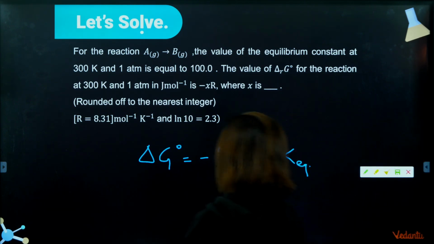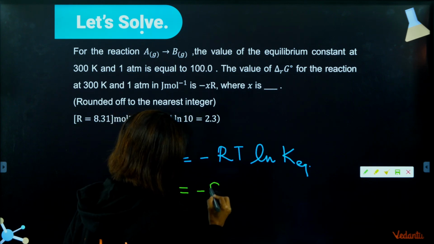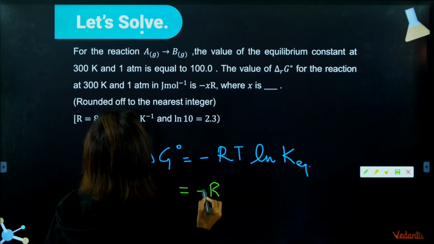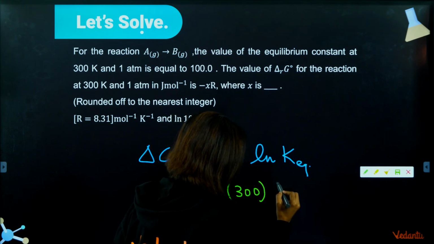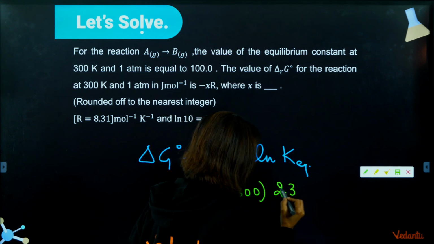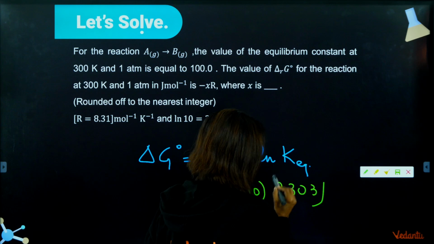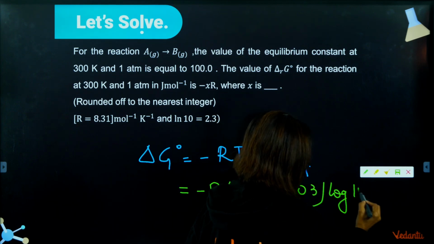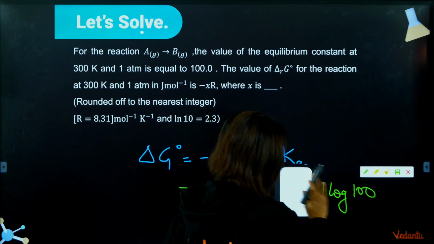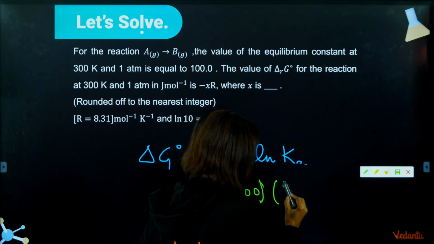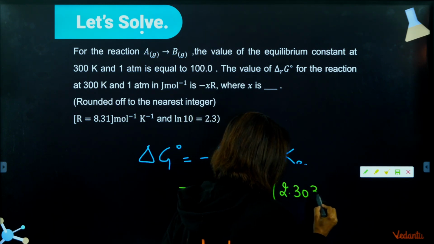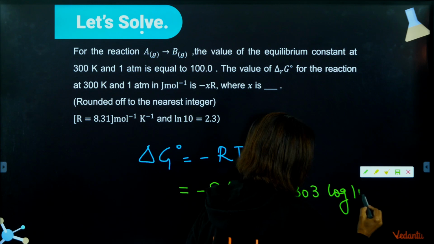Now, minus RT, temperature is given to us 300 Kelvin. This is 2.303 log of 100. Yes, because I am converting log to the base e into log to the base 10. Log 100 is 2.